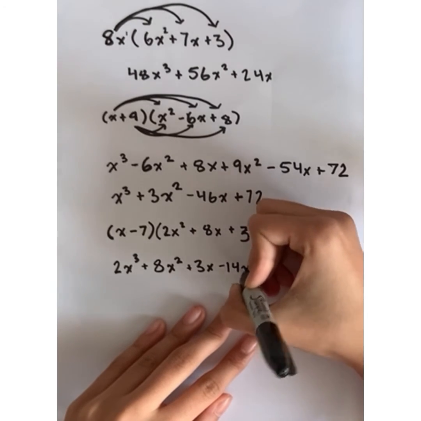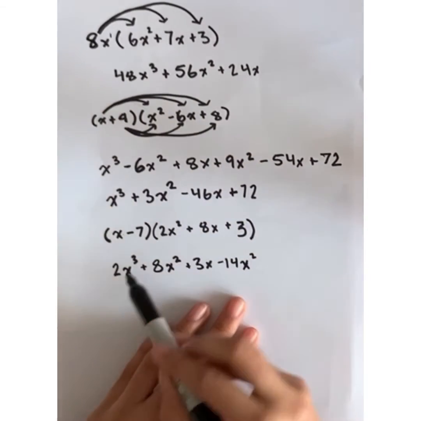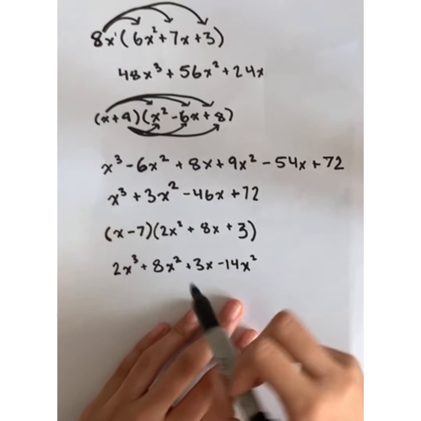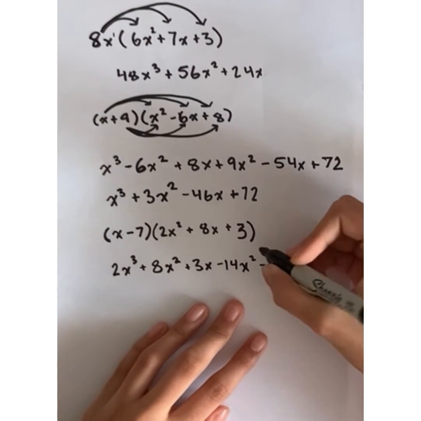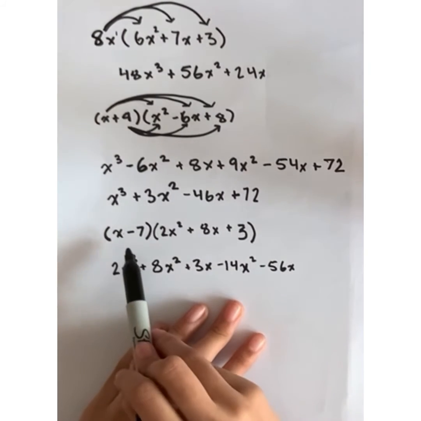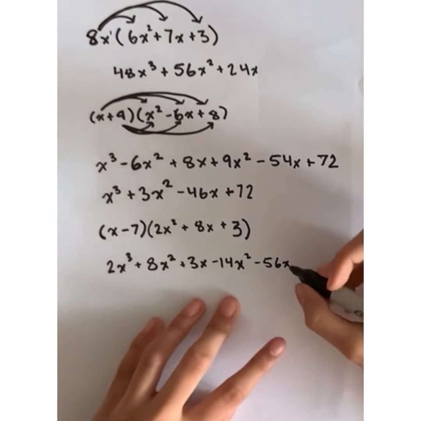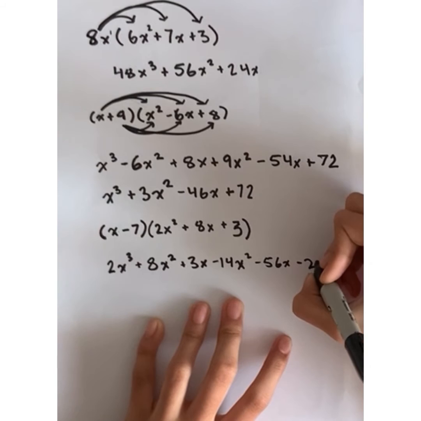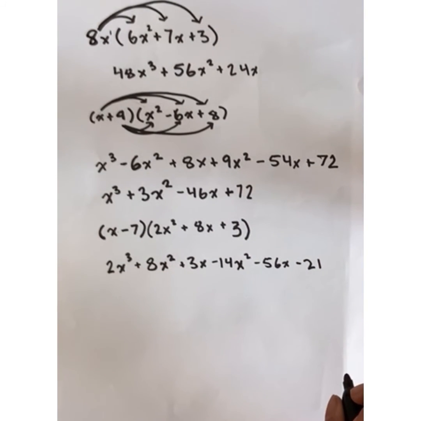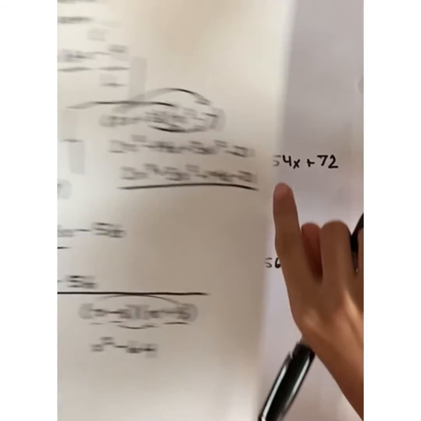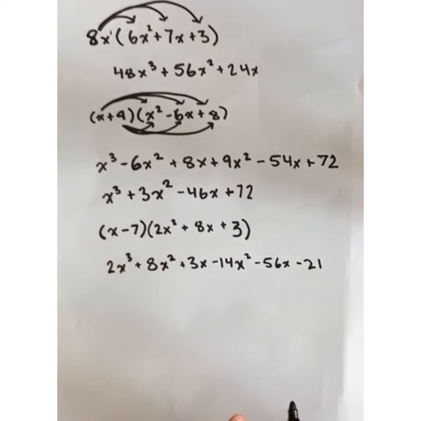Negative 7 times 8x equals negative 56x. Negative 7 times 3 is negative 21. Hey, didn't we have that somewhere else? The negative 21. Yeah, we did right here.